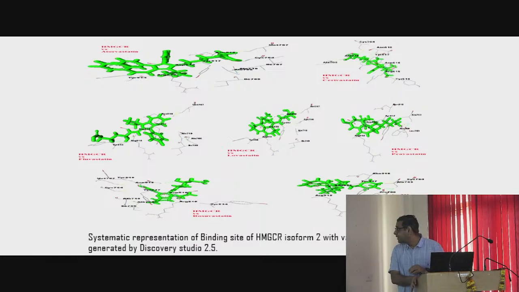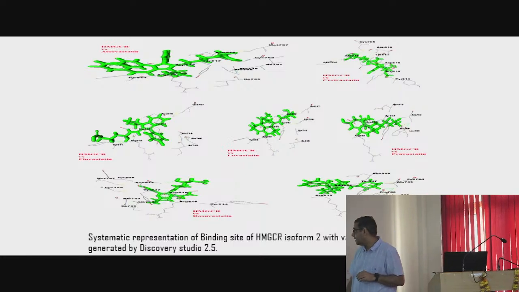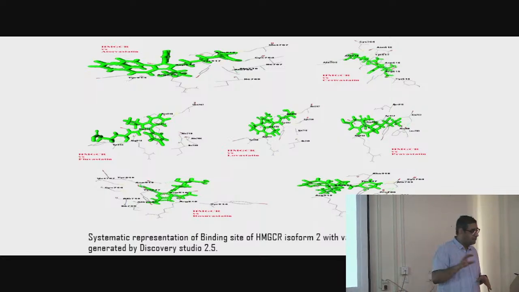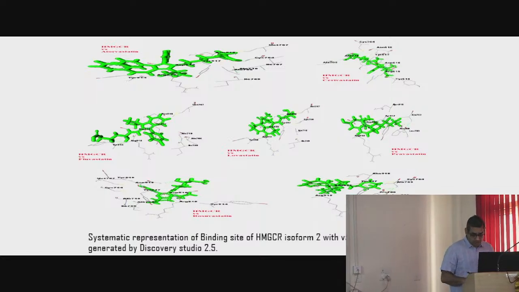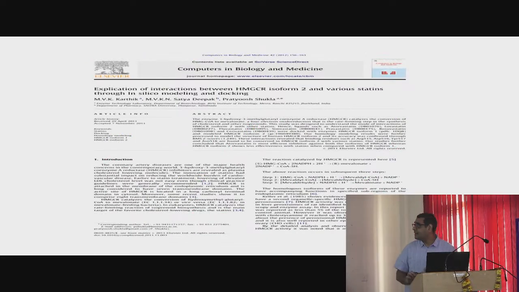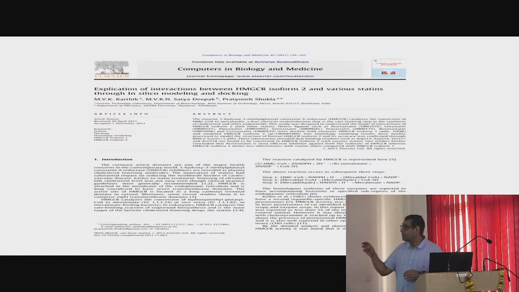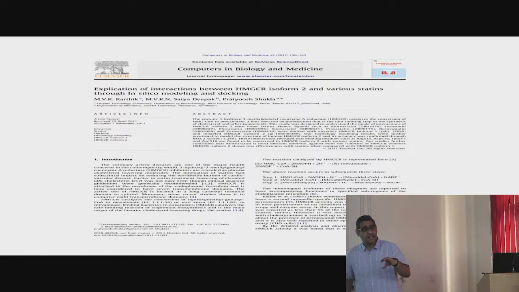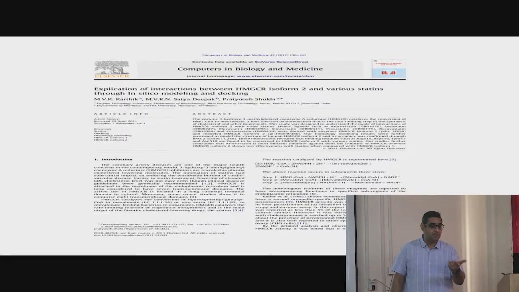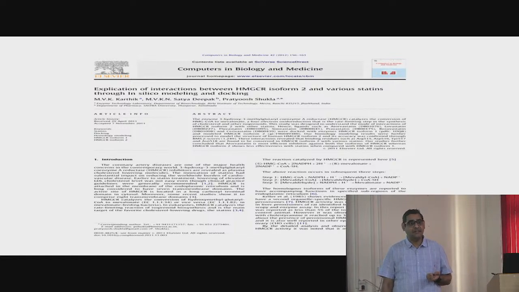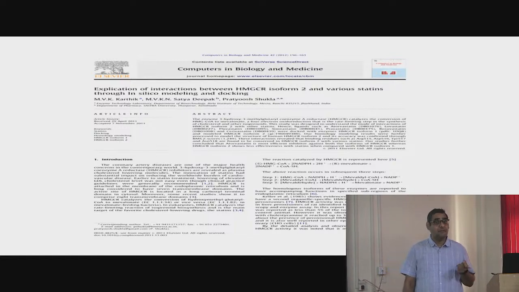You can see we have pravastatin, simvastatin, lovastatin, all statins we bound with this, and isoform 2 was used. Then we tried to understand how isoform 2 can have these statins connected, and how statin therapy can be improved. Because with the existing statins, what is the binding pattern, and how can these statins be improved.